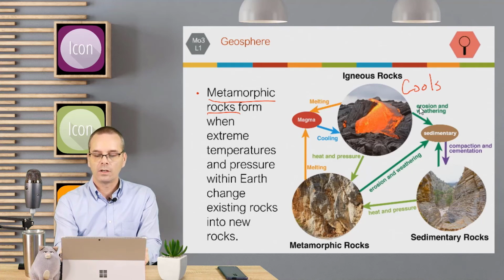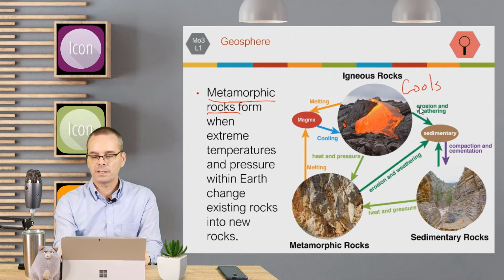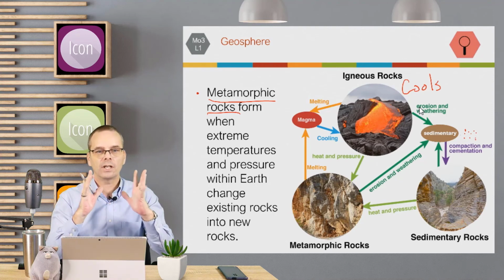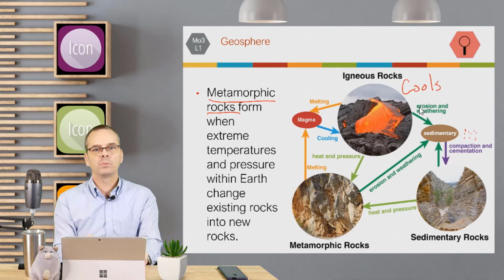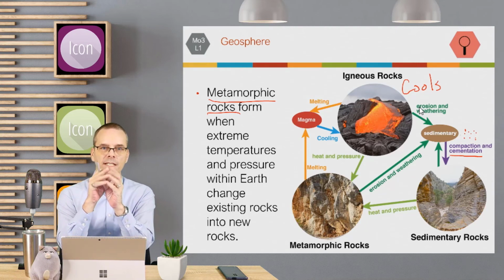Sedimentary rocks are formed from different little particles that all clump together. They're not pushed together. They're not squeezed into a new type of rock. They're just put together in little particles, and it's called cementation. And that's how we get the sedimentary rock, from sediments that come together to form a rock.